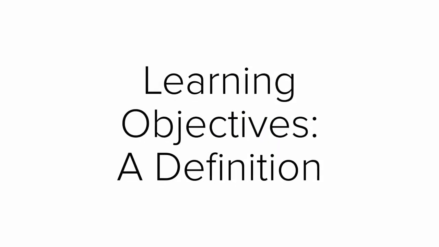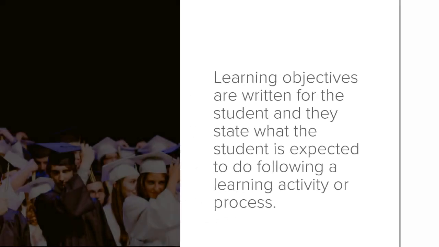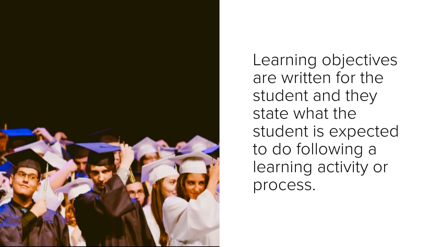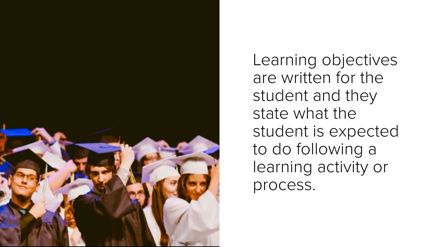Now, I glossed over a little bit on what exactly learning objectives are, but I want to focus in a little bit on the definition right now because I think it helps elicit how you're going to write these objectives. First, learning objectives are something that are written for the student, right?